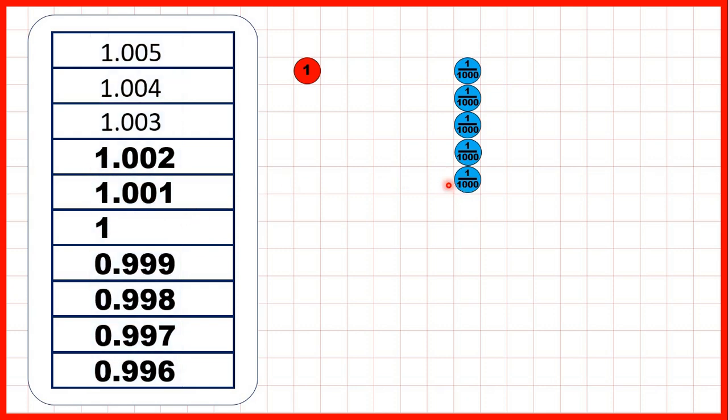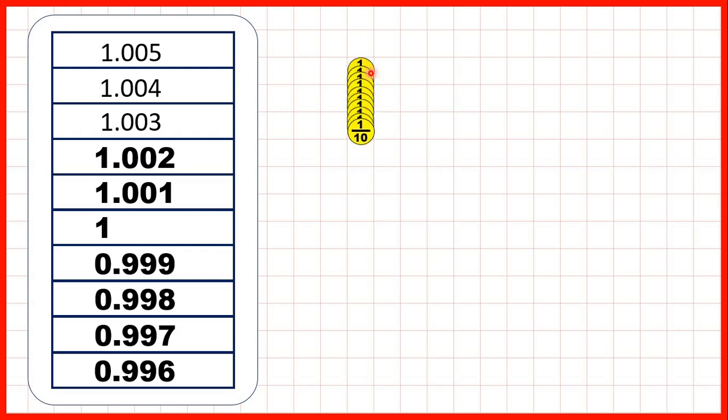So again, let's use place value counters so that we can see what we did here. We're counting back in thousandths, so taking away one of our thousandths counters each time. But now, when we have 1 whole, in order to subtract thousandths, we first need to exchange that 1 whole for 10 tenths, because 10 tenths is the same as 1 whole.